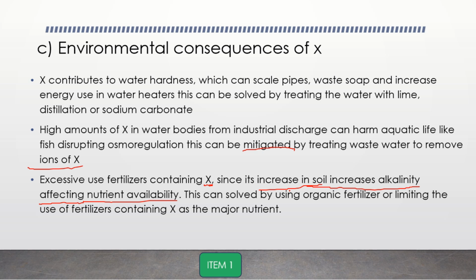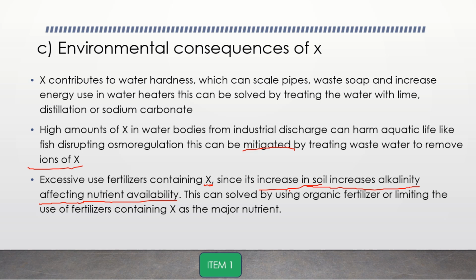So that one will affect the mineral availability in the soil, and since there is a high concentration of the magnesium ions in one area, it also poses a competition for absorption of other ions like potassium, sodium, calcium, which are also needed by plants.